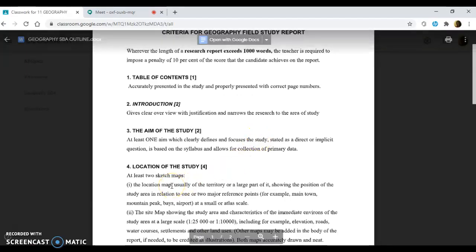Yes. Okay, go ahead. Yes, you have to find the location. That is why I said when we started that the Geography SBA is a field report.